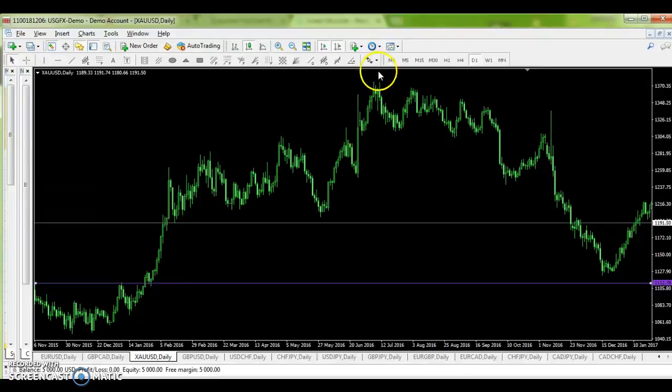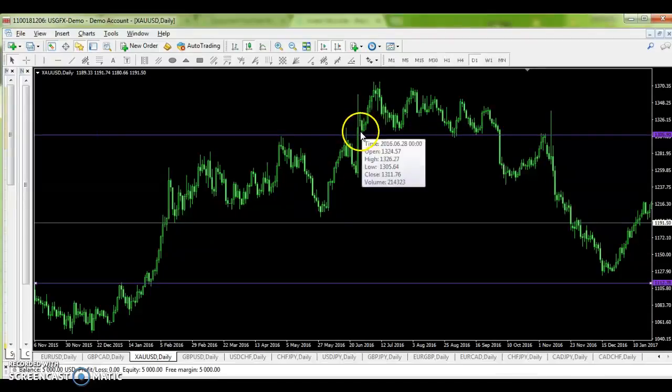Just to analyze the market, this higher high has this particular low before it. I'm drawing a horizontal line over there so that I clearly understand that this was the swing low.